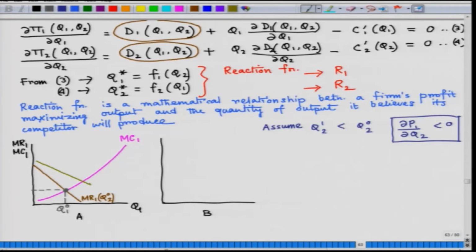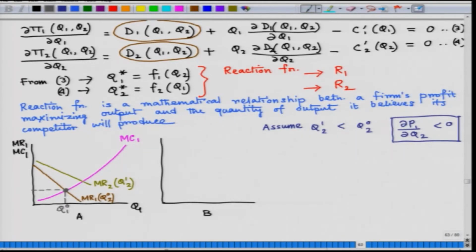So, now let us have another marginal revenue curve corresponding to our output choice Q12, which is less than Q02.